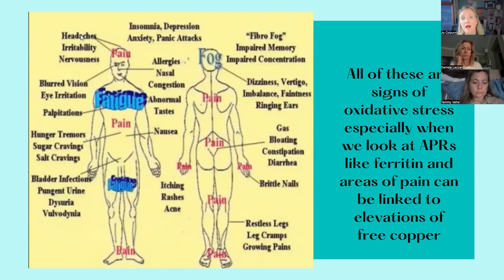Especially when we're looking at high ferritin levels and pain and all the free copper that we know is bouncing around in some of these people. I guess it's not surprising to us that oxidative stress could be behind a lot going on in fibromyalgia and a lot of things going on in our clients too, even if they don't carry the same label, right?